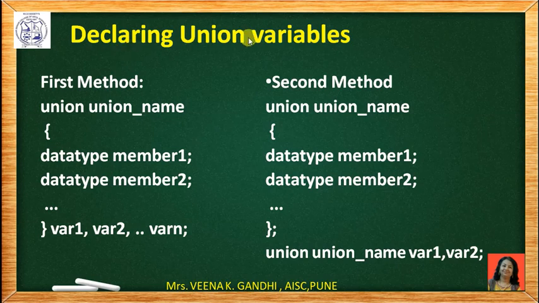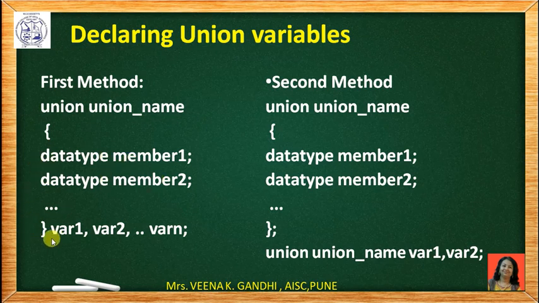How to declare union variables? Like structure, there are two methods for declaring union variables. In the first method, in the declaration only, after the closing braces, you can create the variables: variable 1, variable 2, up to variable n. So in the first method, the union keyword is followed by the tag name. In opening and closing braces, you define the members.